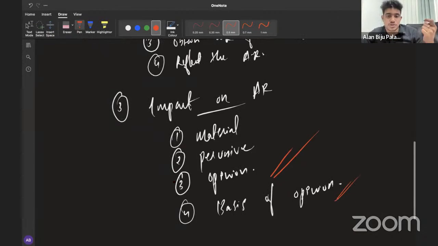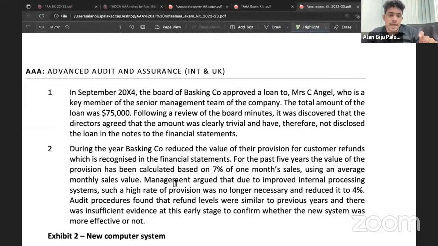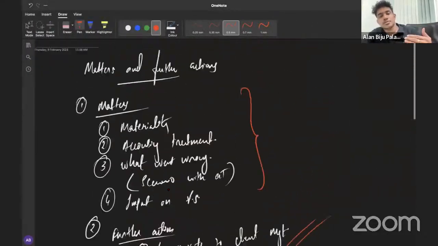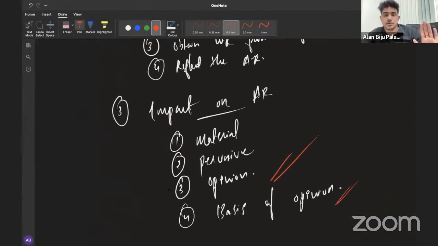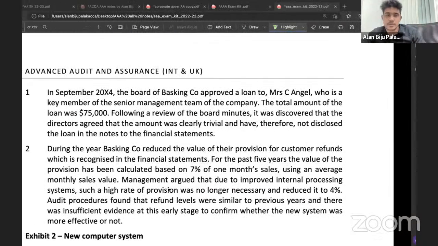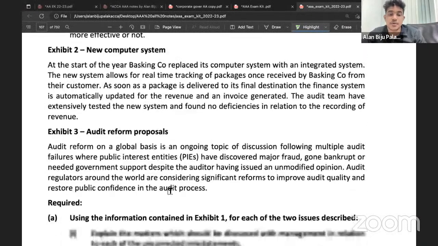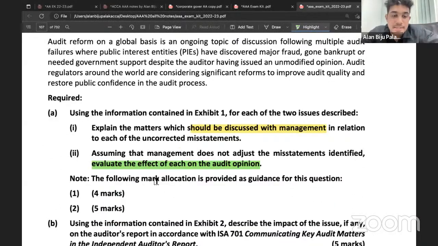After that, show the materiality, pervasiveness, and impact over the auditor's opinion. Then take the second scenario relating to provision: provide the matters, then discussion with management, and impact on the auditor's opinion. This is how you answer this sort of question, where they ask for the effect of each on the audit opinion.